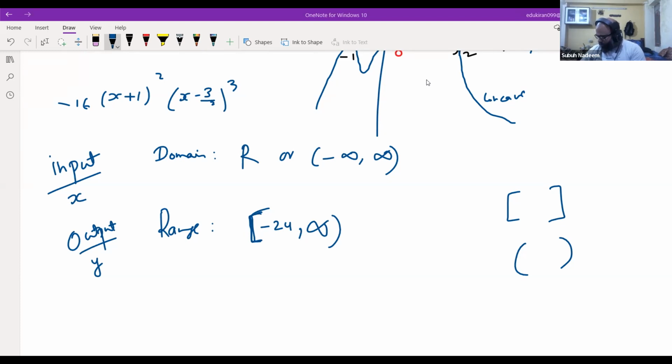You will see the input and output, and that will be the domain and range. Okay.